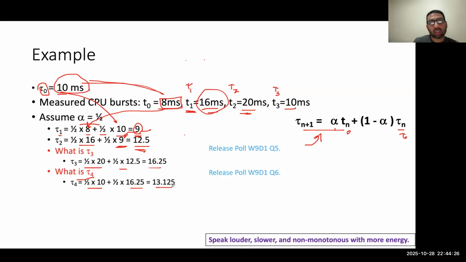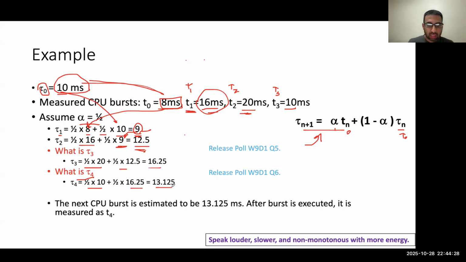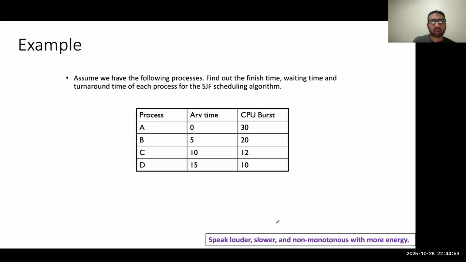You will find 13.125, right? So the next CPU burst, tau 4, the fourth CPU burst, is estimated to be 13.125. After the burst is executed, it is measured as T4. Now we know T4 and tau 4, so we can also calculate the estimate of the next burst.